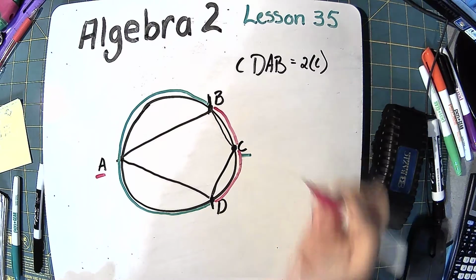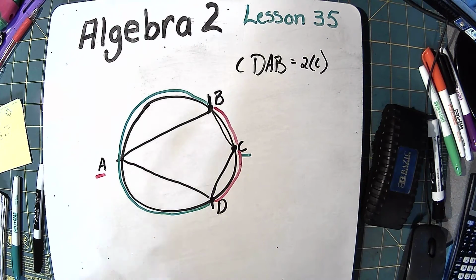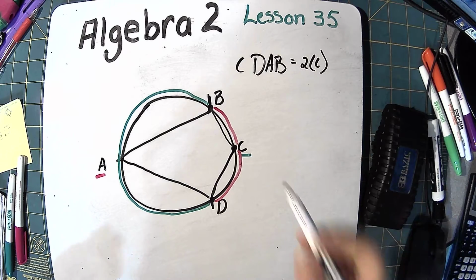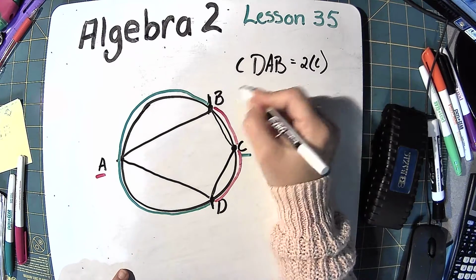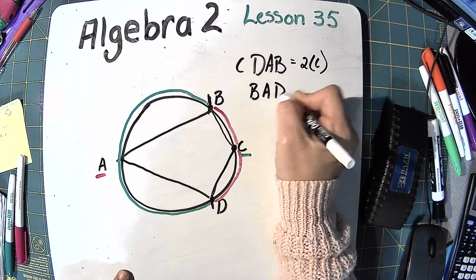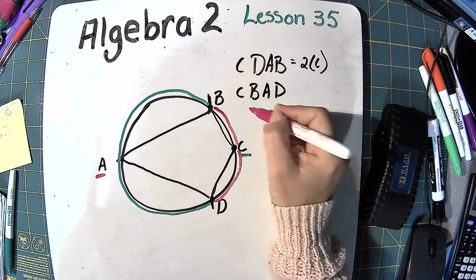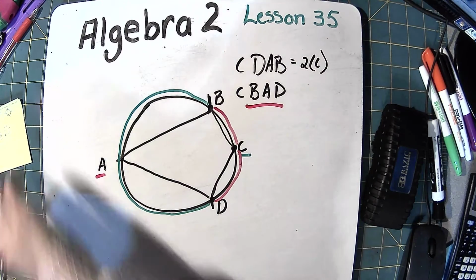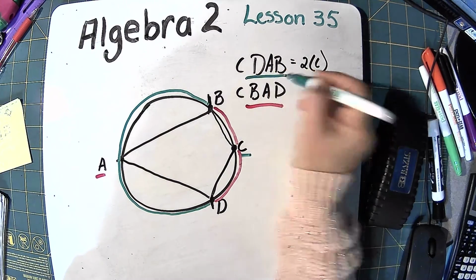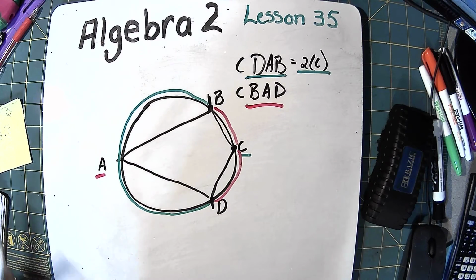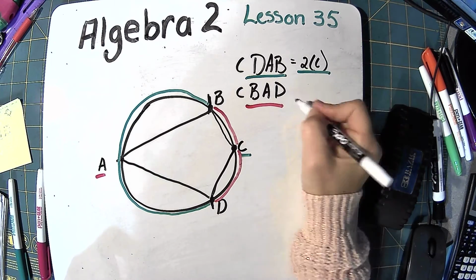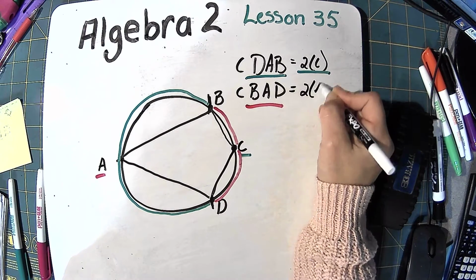Now we know that these would have to equal, so that one is arc, we'll call it BAD, right there. So that's that pink one. And my green one is 2 times C. So my pink one is going to be 2 times A, right?